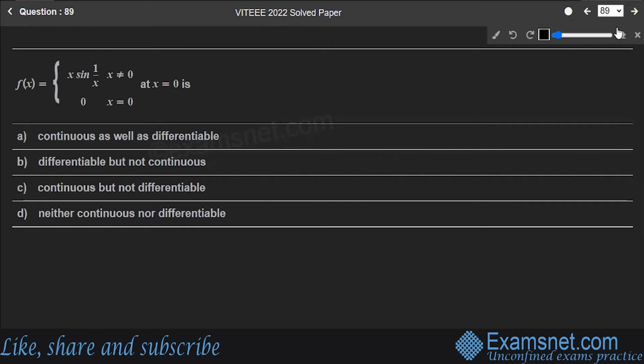Now there are two things. First is continuity and the other one is differentiability.